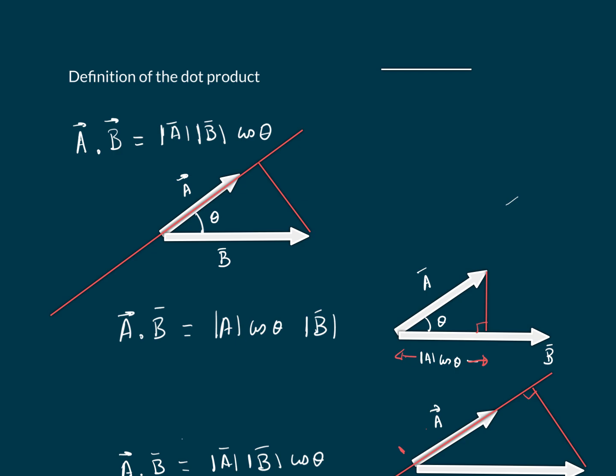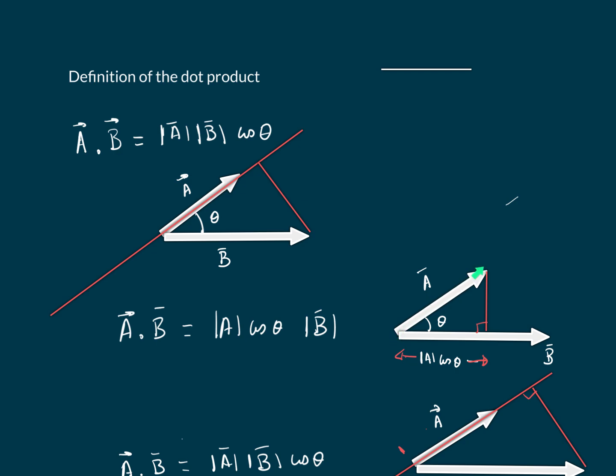So how can we interpret this? If you rearrange A dot B, you can express A dot B as magnitude of A cosine of theta, multiplied by the magnitude of B. What does this mean geometrically?